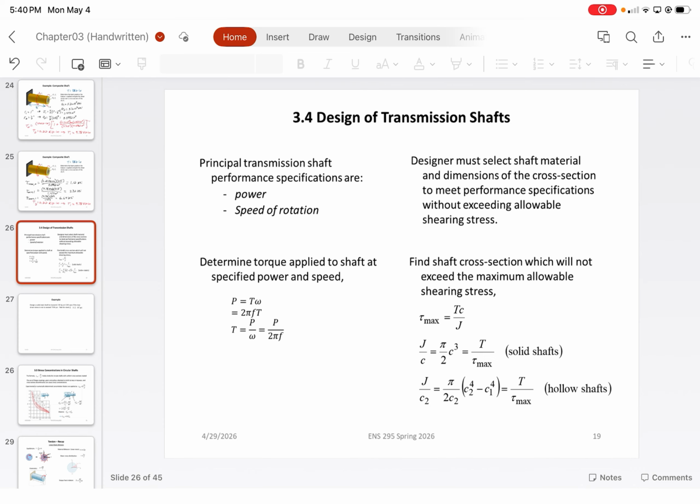All right. So, now we go into the design of transmission shafts. Not my preferred topic, but that's because I, as a civil engineer, am afraid of things that move. But those of you in mechanical engineering will actually enjoy this.